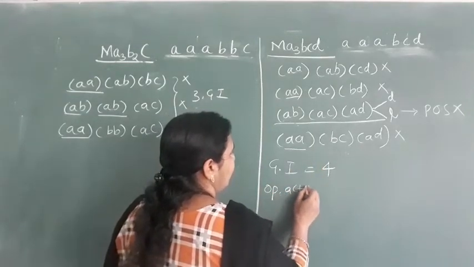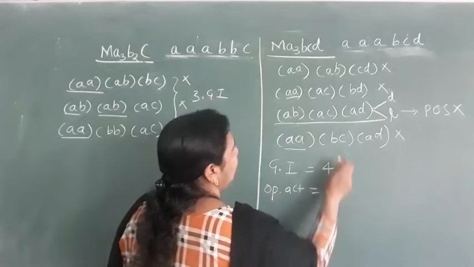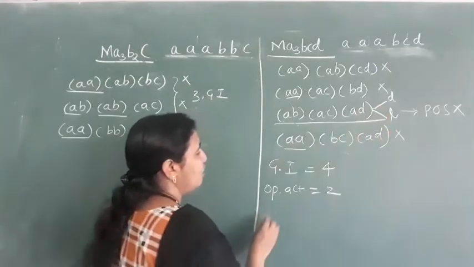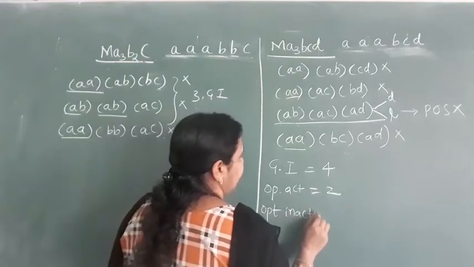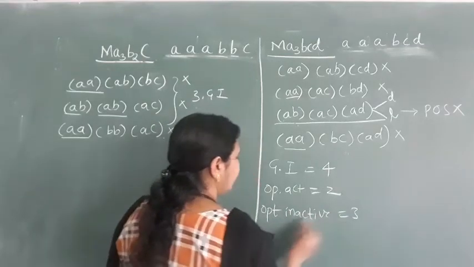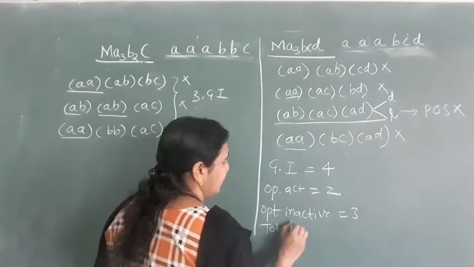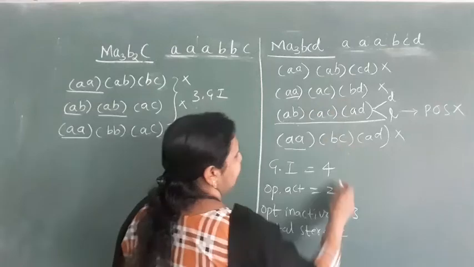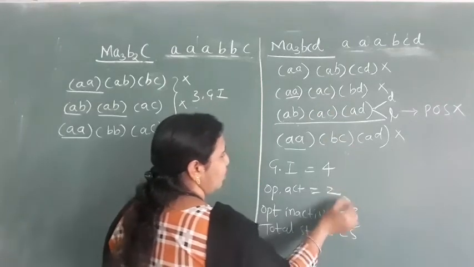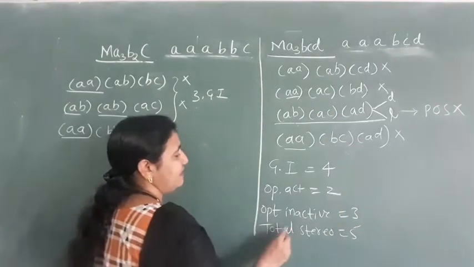Optically active isomers are 2, and optically inactive we have 3. So total stereoisomers we have 5. This 3 and 2 plus, totally 5 it will be.